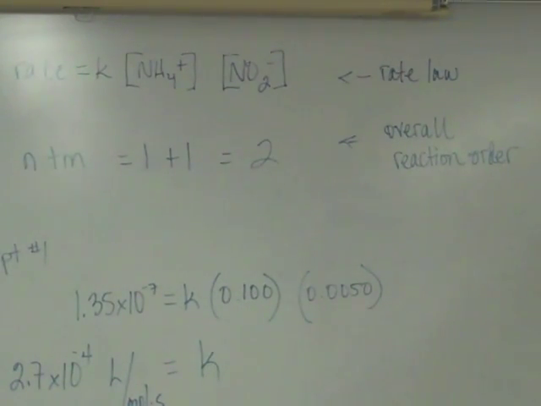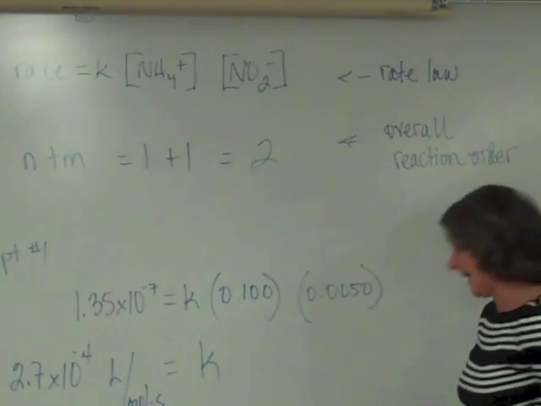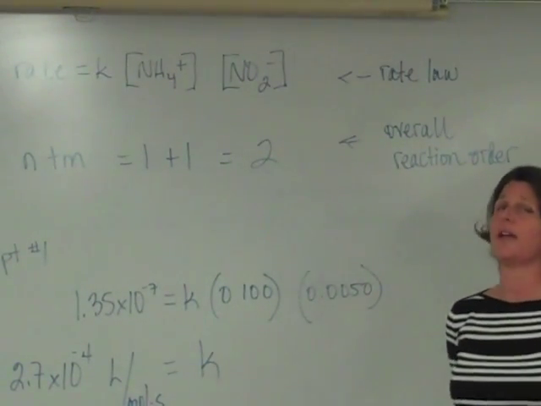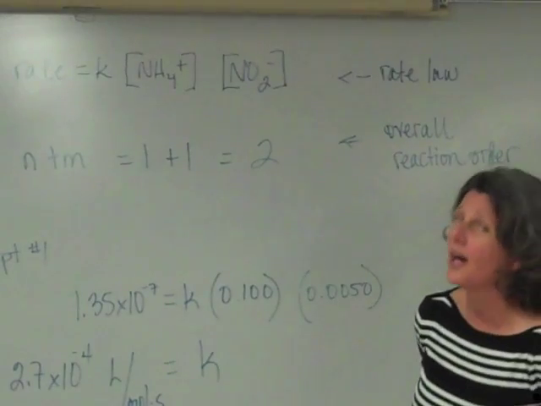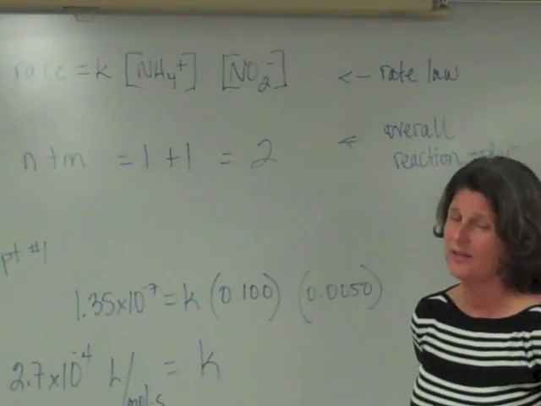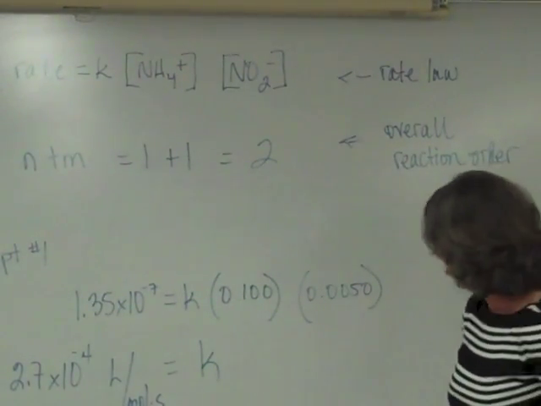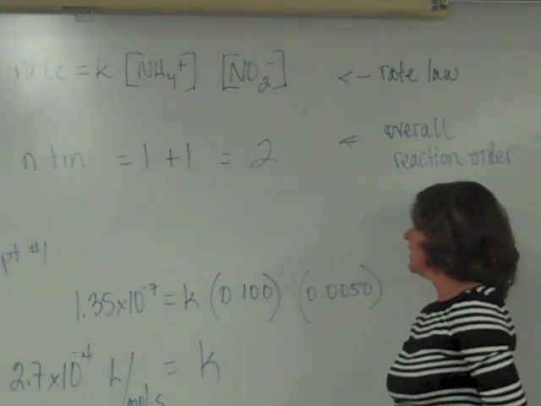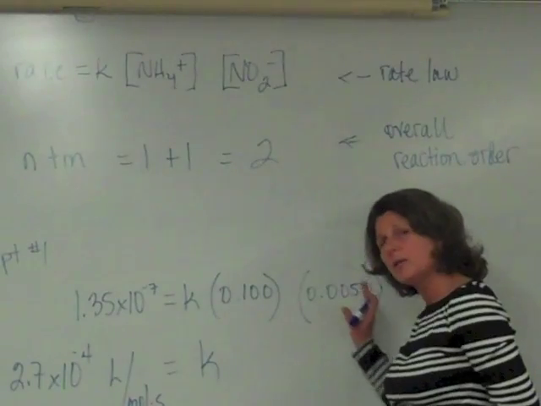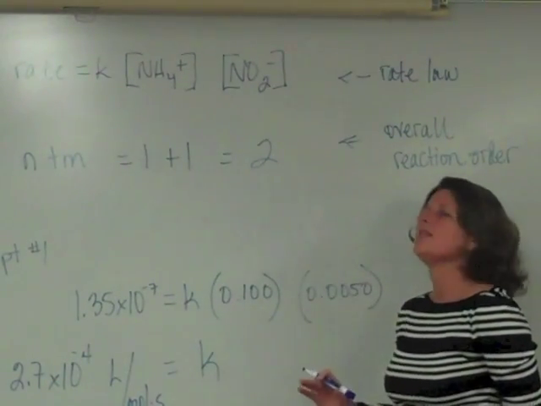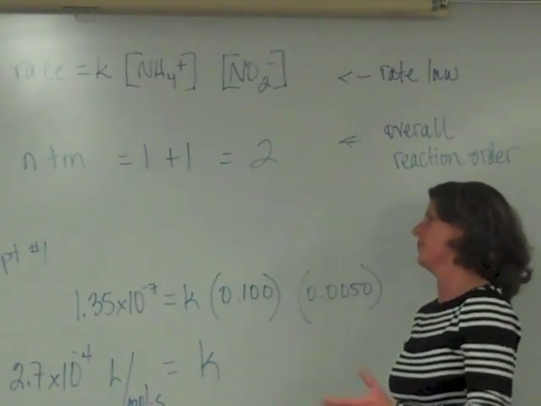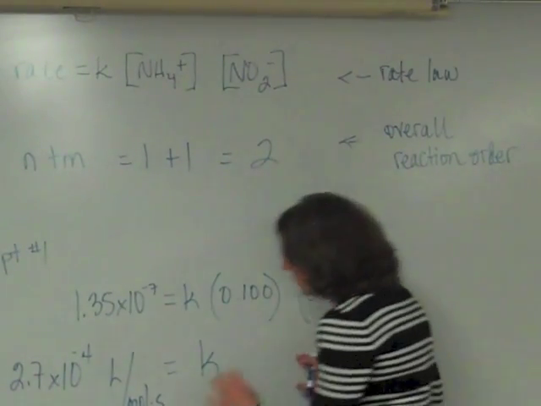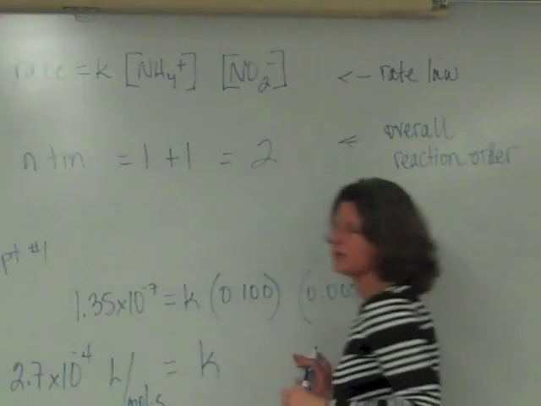Okay, the units for k. I'm not even going to go there yet in terms of how we determine the units for k. We will do it before the chapter is over, but right now, you guys, really all I want you to concentrate on is the numbers and how we manipulate the numbers. And once we're real comfortable with manipulating the numbers in various contexts, then we're going to tackle the units for k.